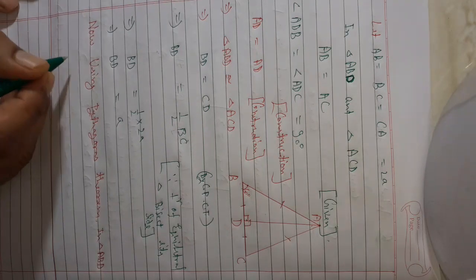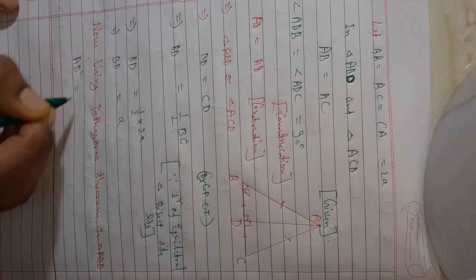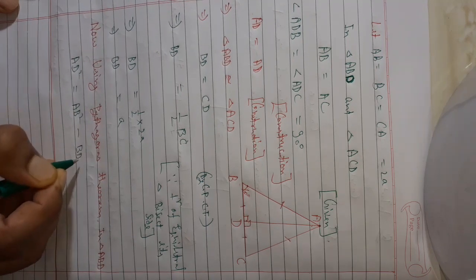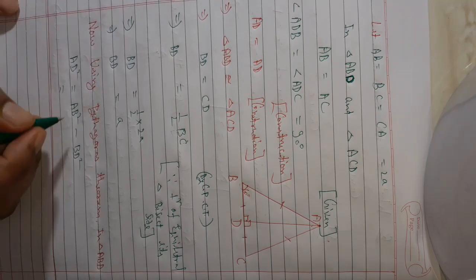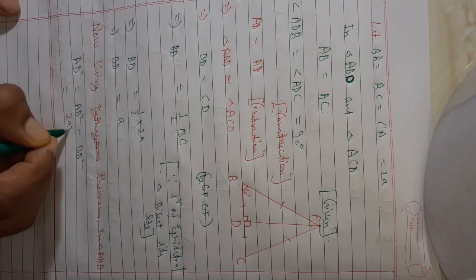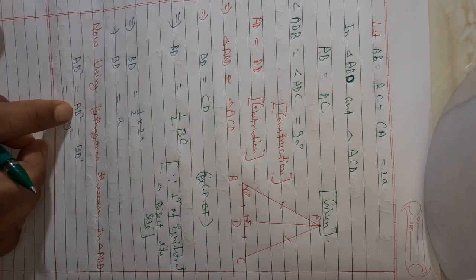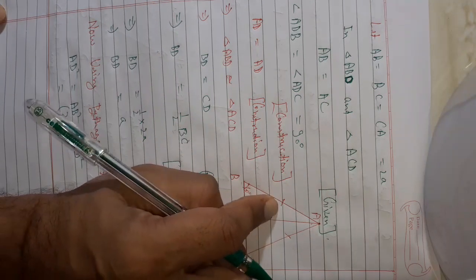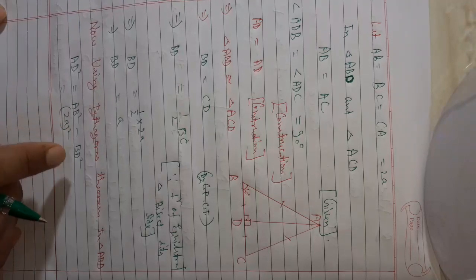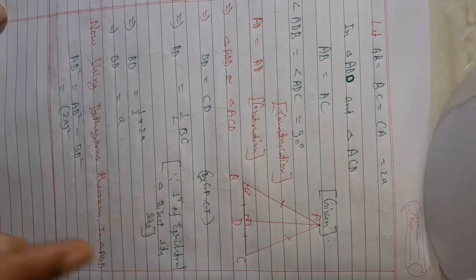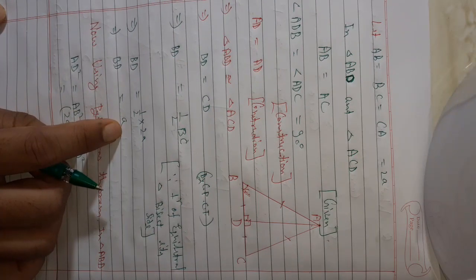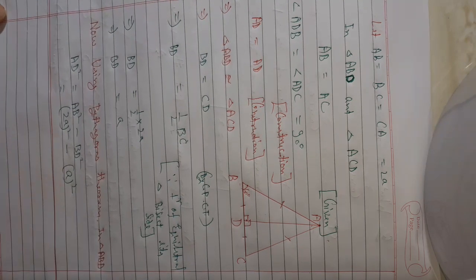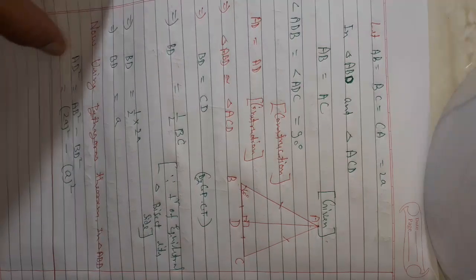So it is equal to AB square, that is 2a whole square, since AB is the side of the equilateral triangle and we have taken it as 2a. Clear? So 2a whole square minus BD square. BD you got as a, so in place of BD you write a square.